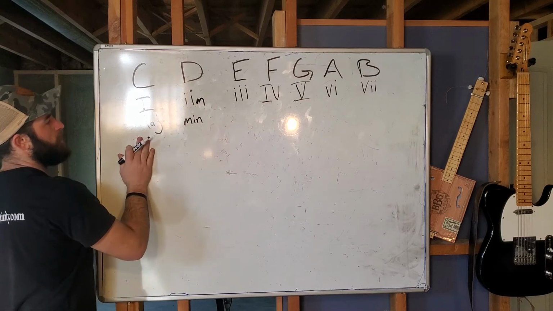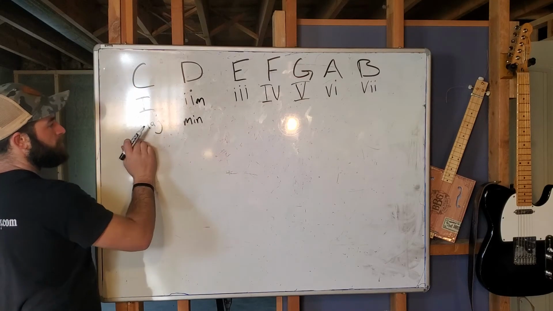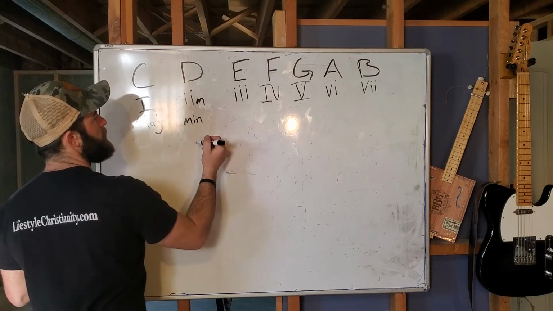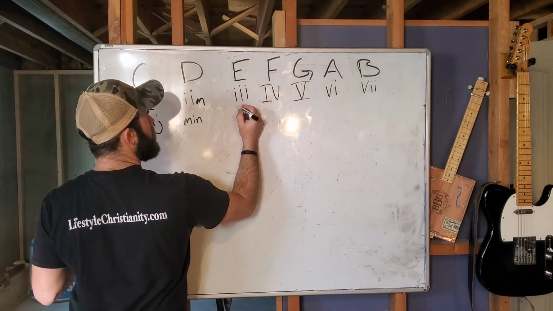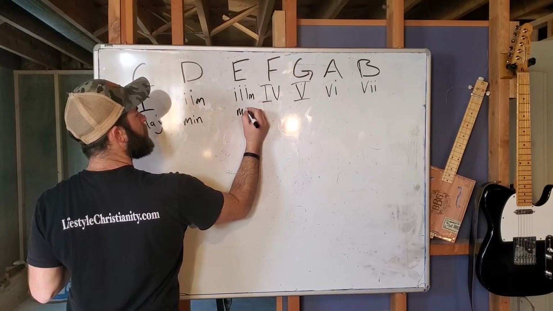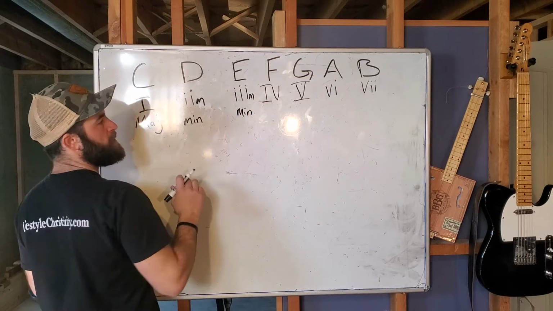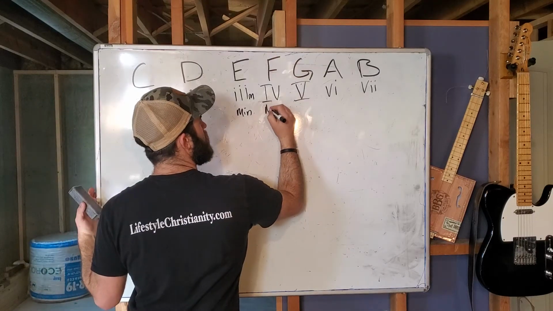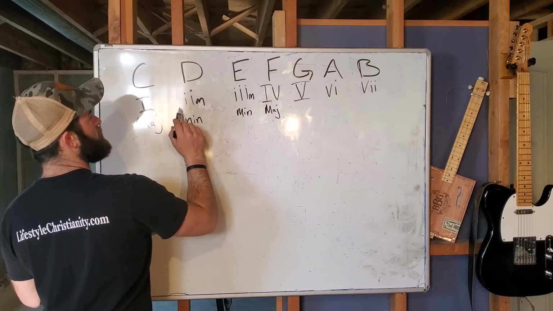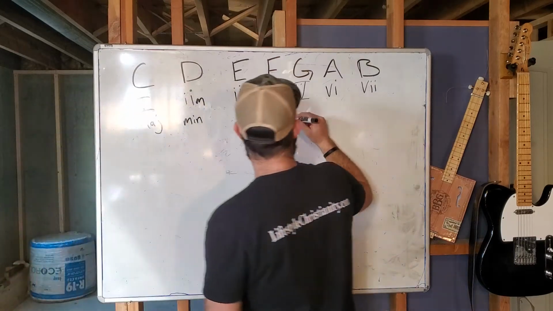So you call this the 1 major, C major. That's what the triad would be called, the chord, C major. D minor, E minor. So this pattern follows every key. F happens to be major, that's why we write uppercase. Everything that's minor, we write a lowercase.